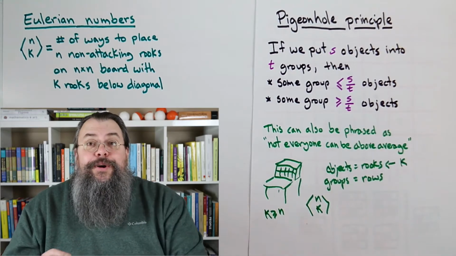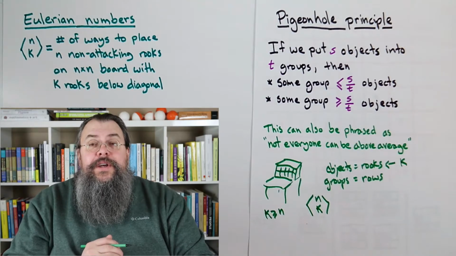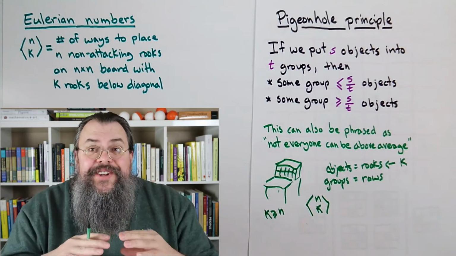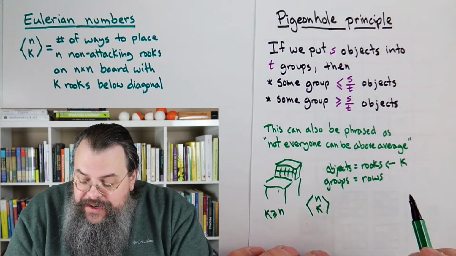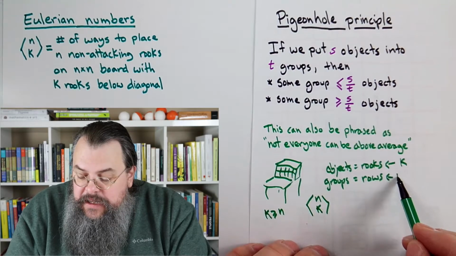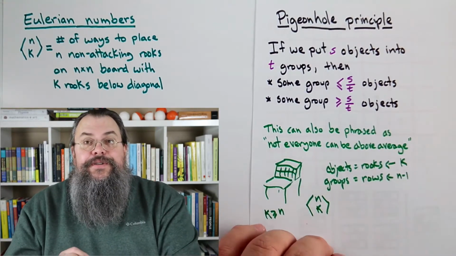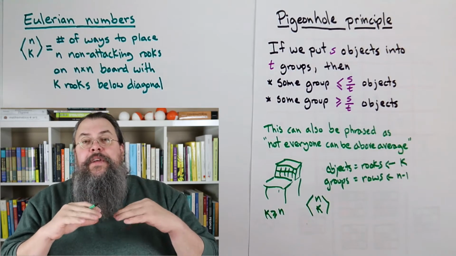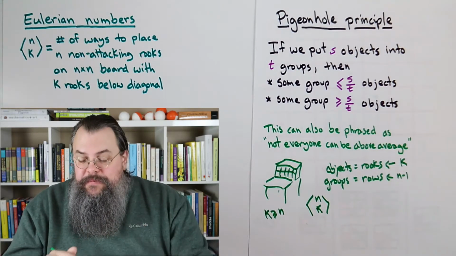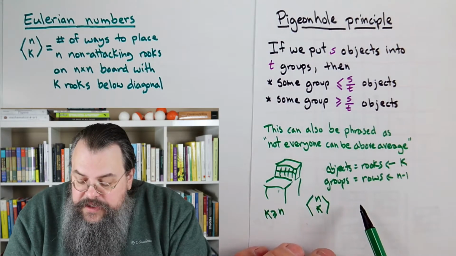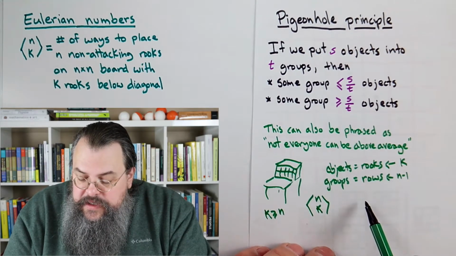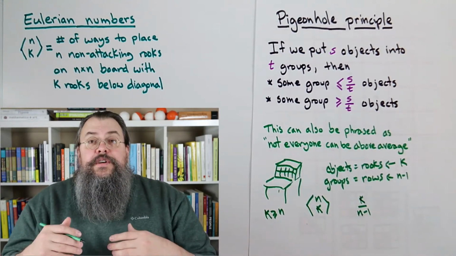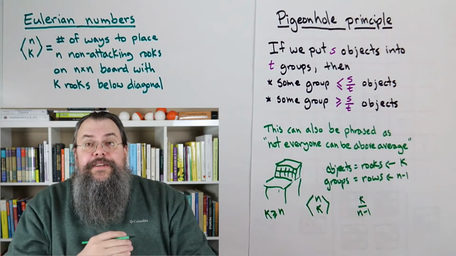Now, what about our rows? Our rows are where we have to put them in, and those are below the diagonal. So, in particular, there are n minus 1 of those. Because if we're just focusing on where we can put the rooks below the diagonal, we have one less row available. And so, on average, that says there's k over n minus 1 rooks per row below the diagonal.